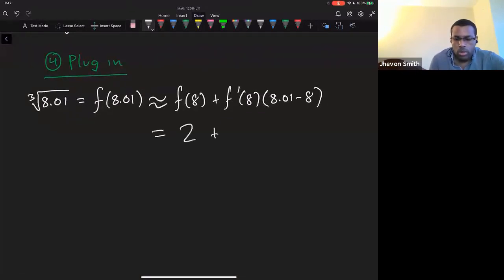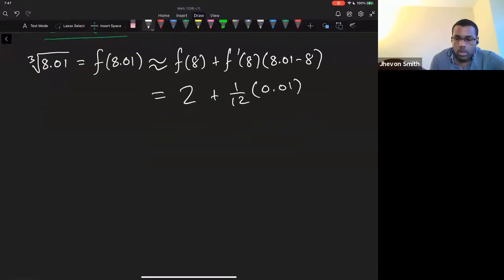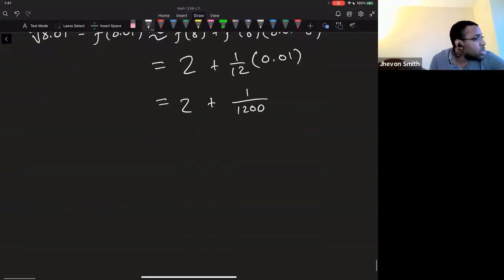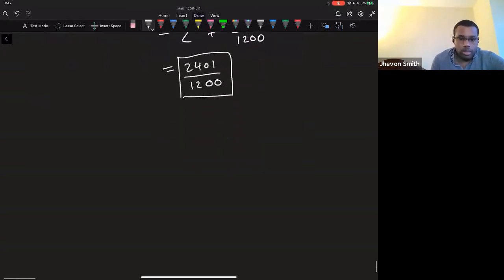So that was 2. This was 1/12. This is 0.01. So this is 2 plus 1 over 1200. And 2 would be 2400 over 1200. So this is 2401 over 1200. And that's your answer.